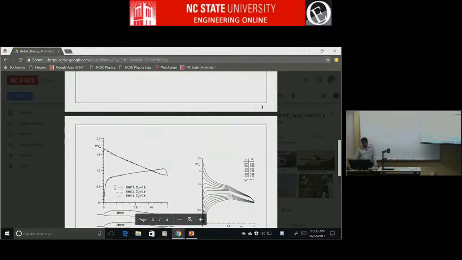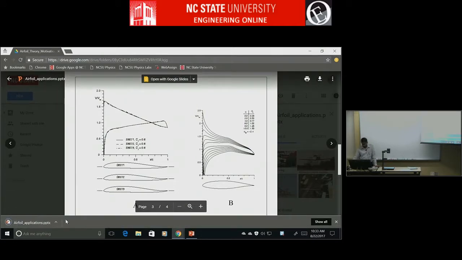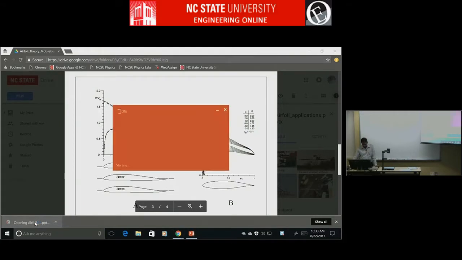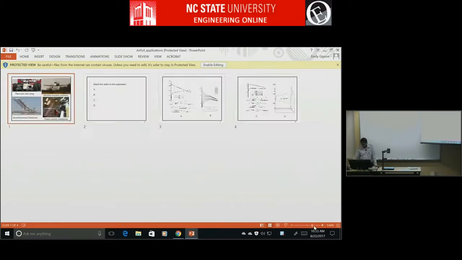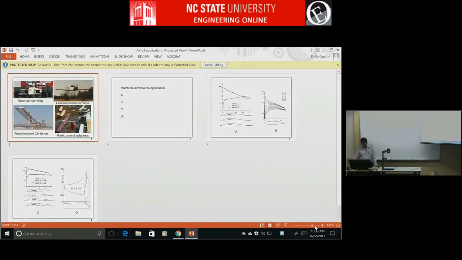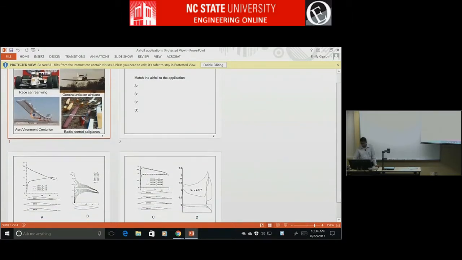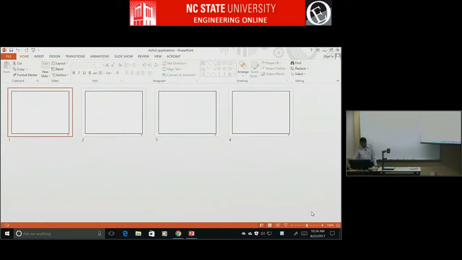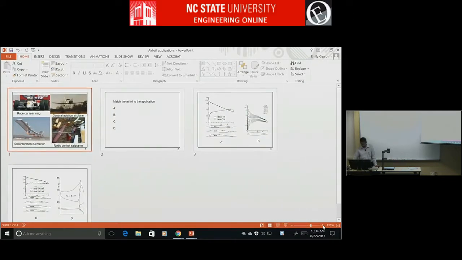And I'm going to show 4 airfoils, A, B, C, and D. You can't see the details, but I think that's good enough.